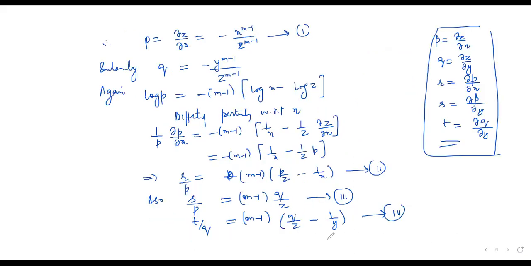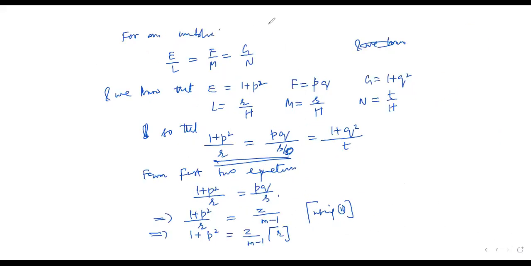Now, where do I take the value of r from? Suppose I take it from the second equation. Using the second, it would be z divided by m minus 1 into p into m minus 1, into p by z minus 1 by x.